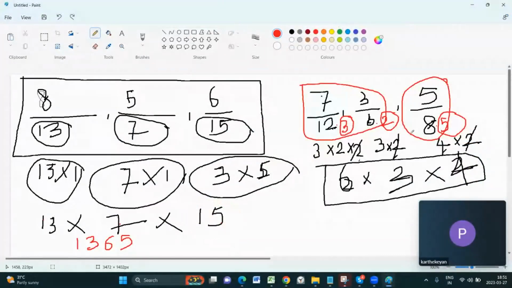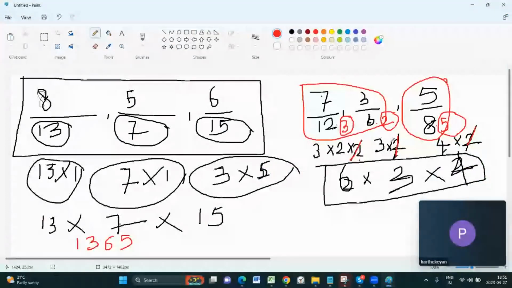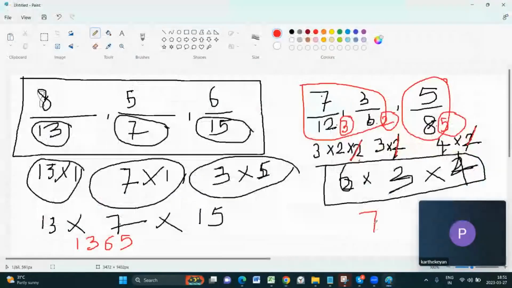Similarly, what is the common multiple for this? We have cut the common factors so that the remaining numbers are divisible. 6 3s are 18. 18 into 4, how much? You are going to do all the problems, multiplication, division, everything. 6 into 3 into 4, how much? 72. So this 72 is divisible by 6, is it not?